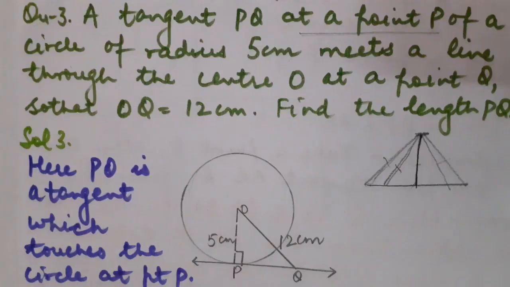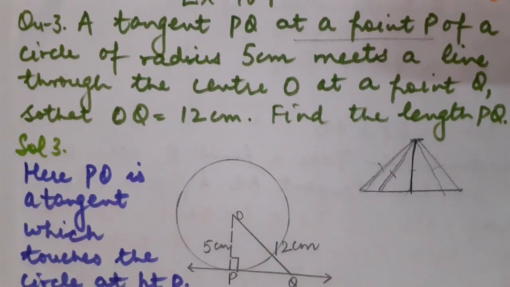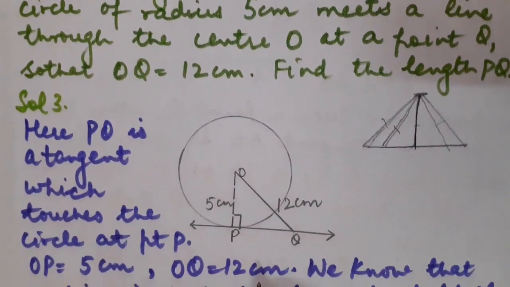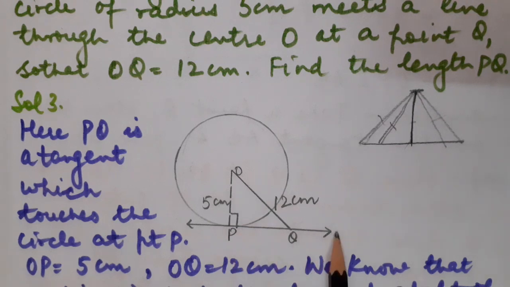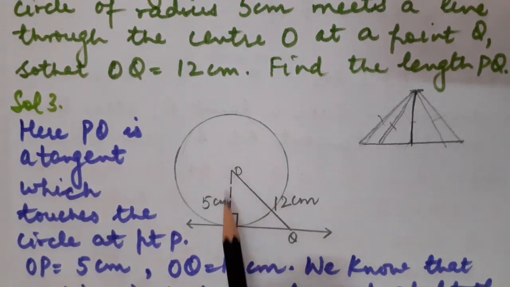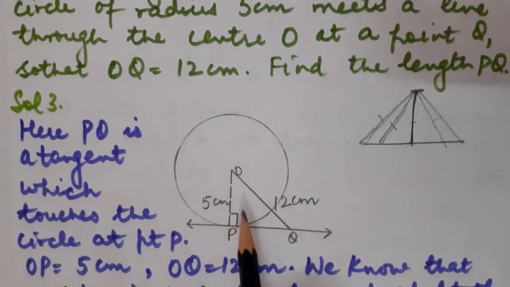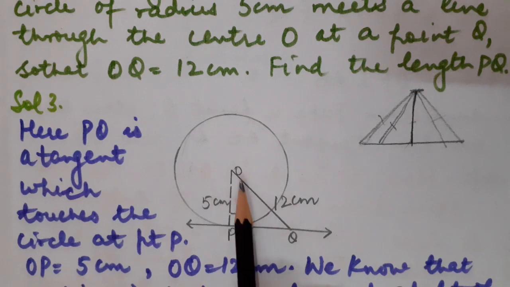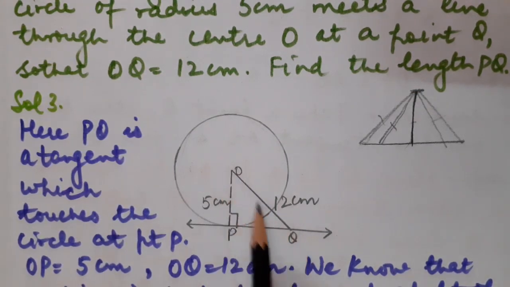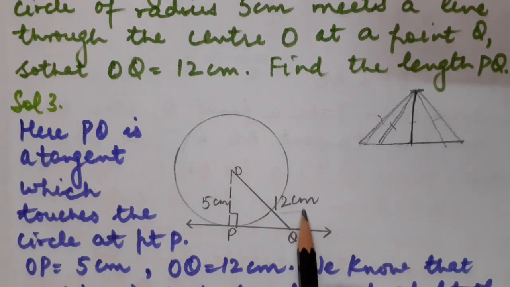Correct, children? So let us draw its diagram. A tangent PQ at a point P. First of all I have drawn a circle. Then this is a tangent PQ at point P, meaning point P is known as the point of contact of radius 5 cm. It meets a line through the center at a point Q, so another point Q is taken, such that OQ is equal to 12 cm.